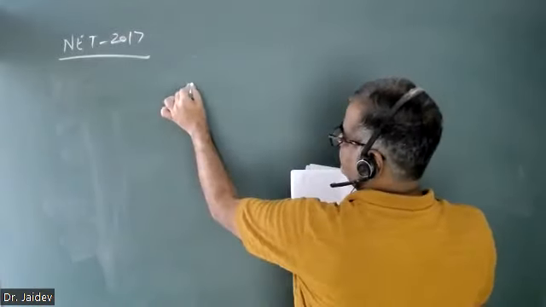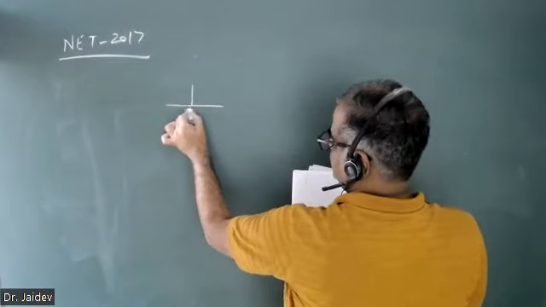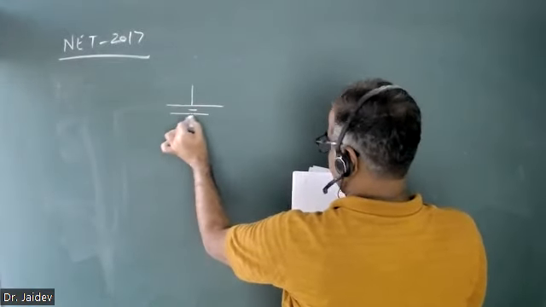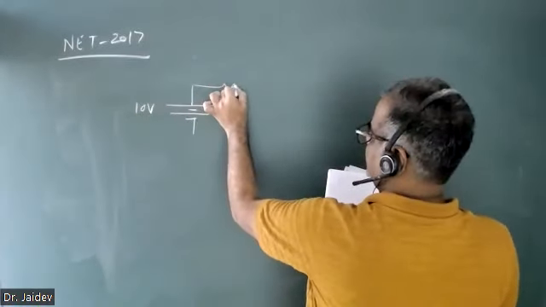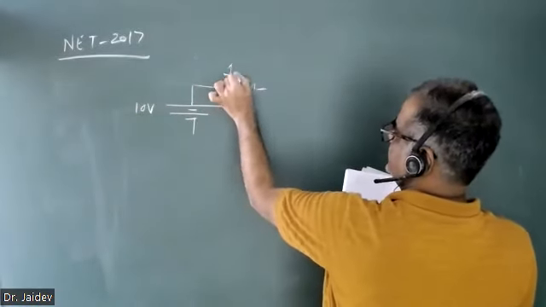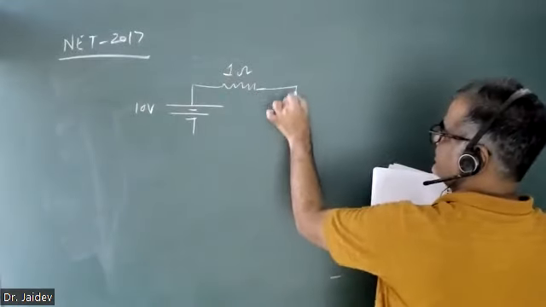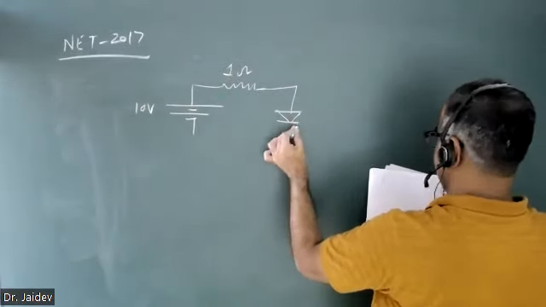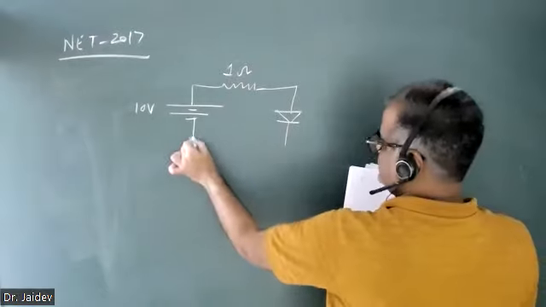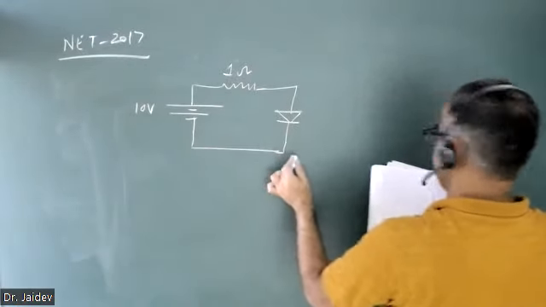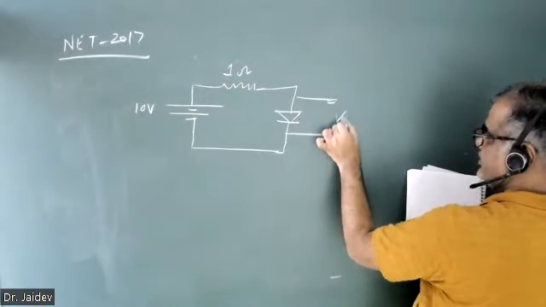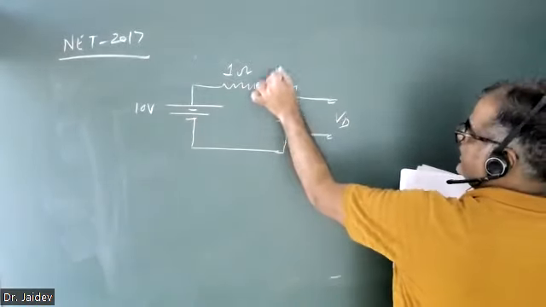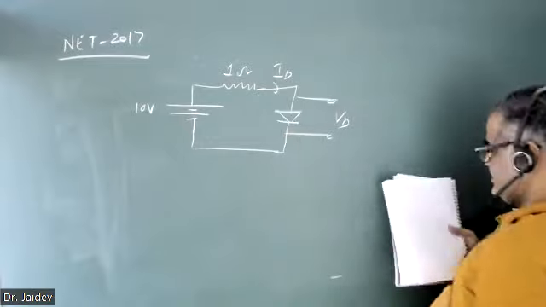Now I'm giving you one more question. This is a 10 volt battery, and this is your 1 ohm resistance. Here you have a voltage drop across the diode, and ID current is flowing in the circuit.